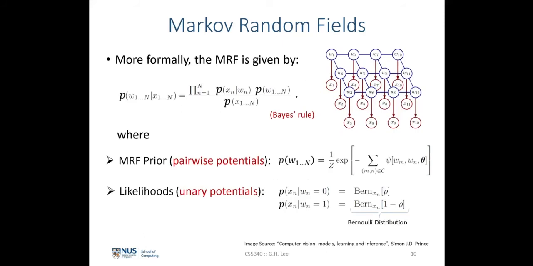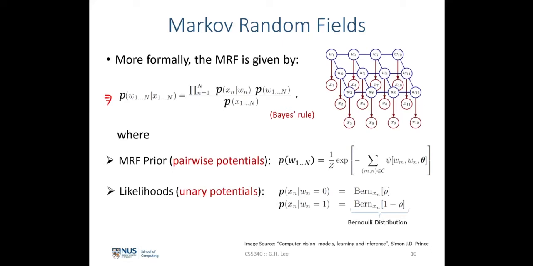So more formally, the posterior distribution of the Markov random field is given by this expression, where we express the latent random variables conditioned upon all the observed random variables. This leads us to the posterior probability distribution P of w1 to wn conditional upon x1 to xn.